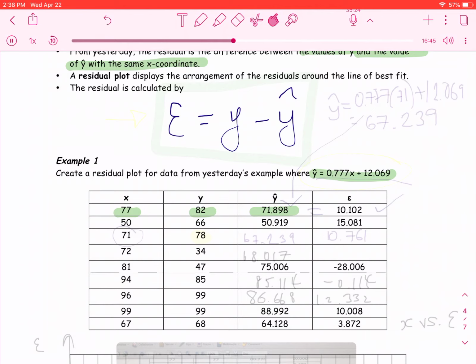So if we take 82 in the y and subtract 71.898, we get that value of 10.102. Okay, you can do that in your calculator.